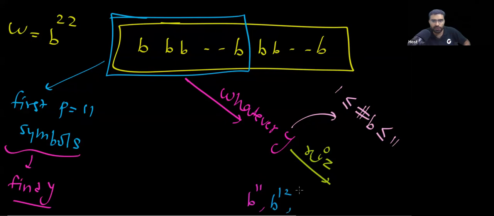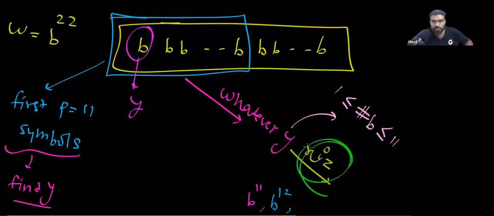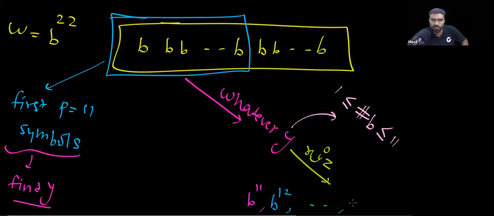If I take only one b as y and repeat 0 times, the resulting string will be b power 21. You can notice these are the possible strings for different y.